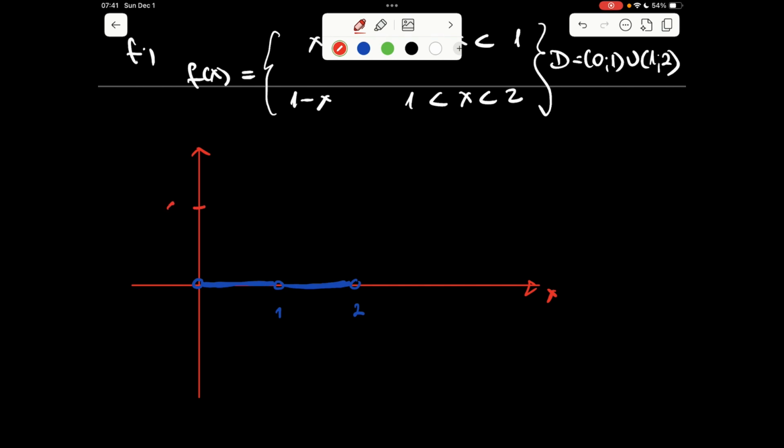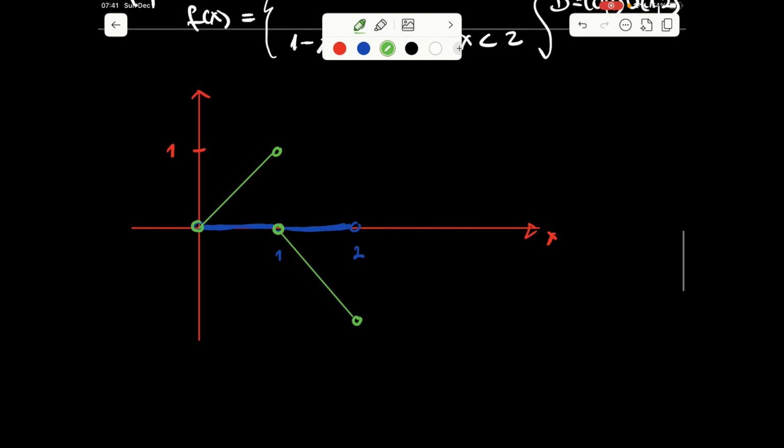This is 1. So the function looks like this. I like to use green. This is supposed to be a straight line. And the other section of the function starts somewhere here. This is another straight line. So this is the function.